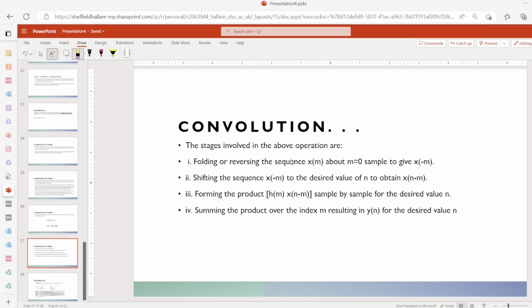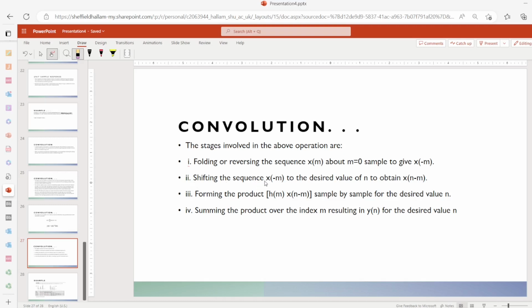The stages involved in the above operation are: first, fold or reverse the sequence xm around m equals 0 to give x of minus m.